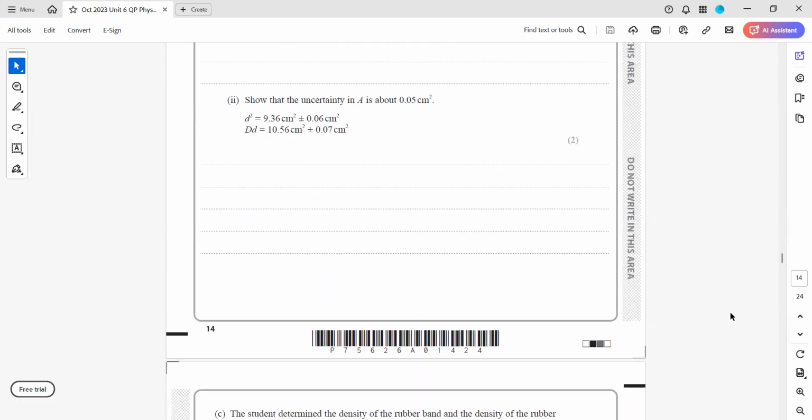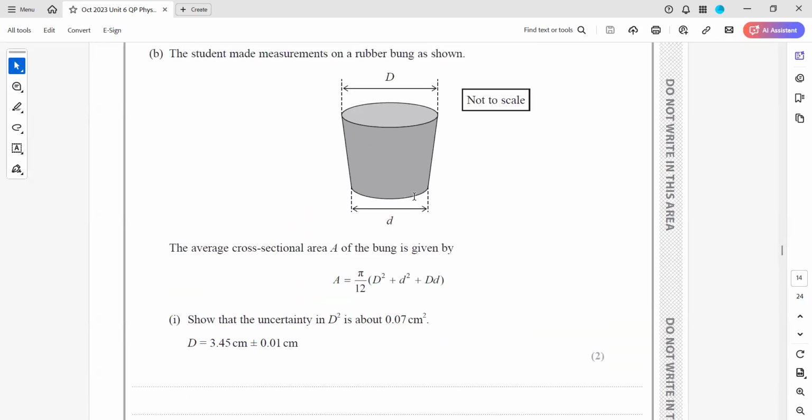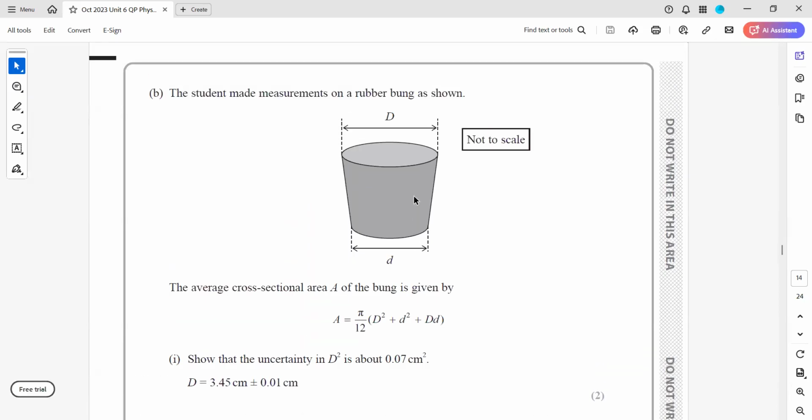The next is, you said the uncertainty formula should be times 2. Why didn't we multiply? Look, you're confused with the concept of percentage uncertainty. The formula for percentage uncertainty is the uncertainty divided by the value recorded into 100.